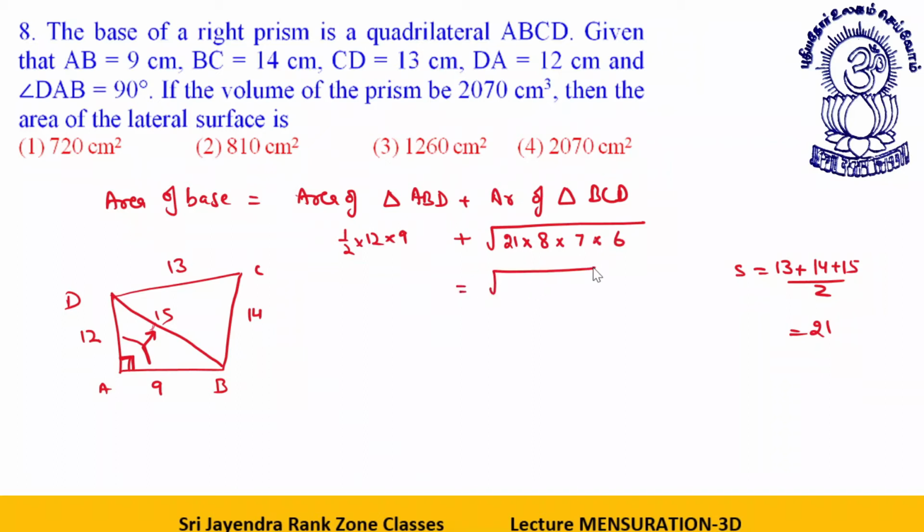So this I can write as 21 into 8 into 7 into 3 into 2. 7 into 3 is 21. So this comes out to be 21 into 8 into 16, that is 4. 12 into 9 gives me 6 into 9, that is 54 plus 21 into 4. What is 21 into 4? 84. 54 plus 84, that is 138. This is the area for the base.